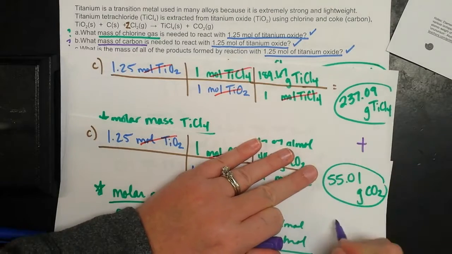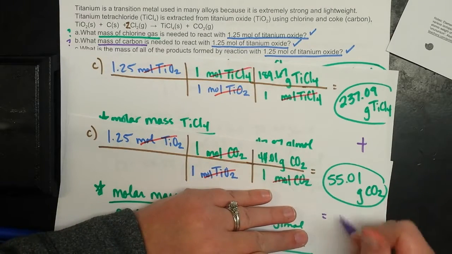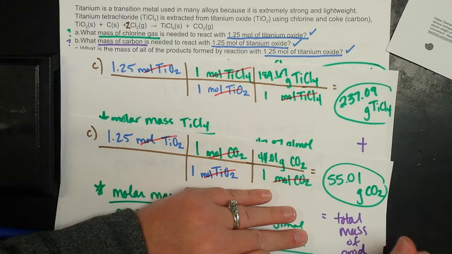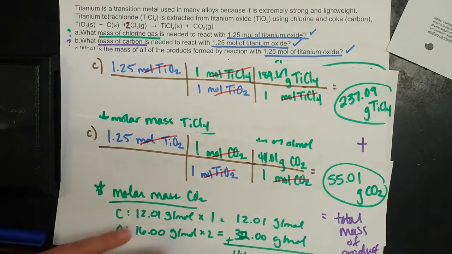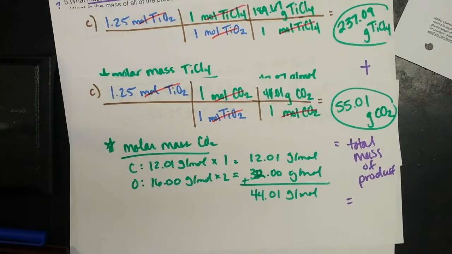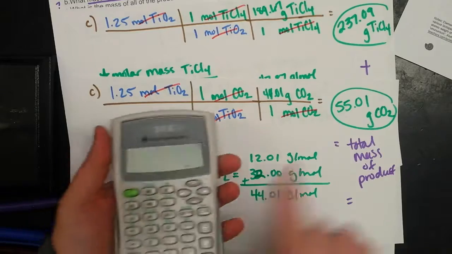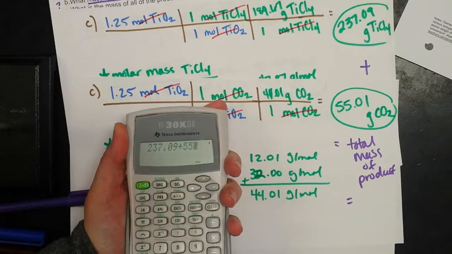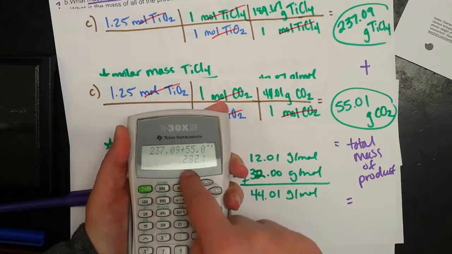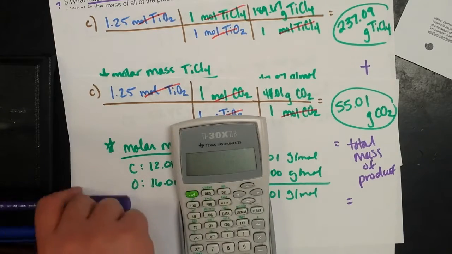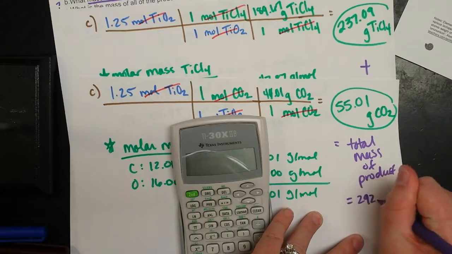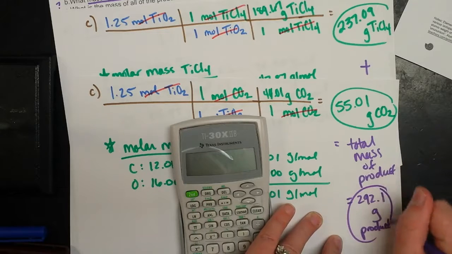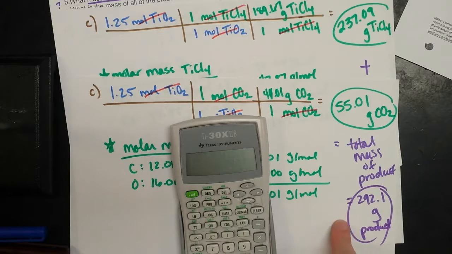So this plus that equals total mass of product, which would then be 237.09 plus 55.01, which gives me a total mass of 292.1 grams. All right, that's just one way to find this.